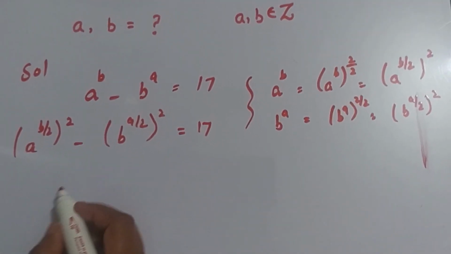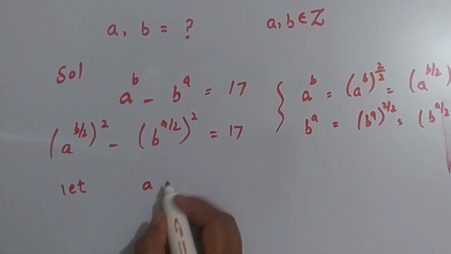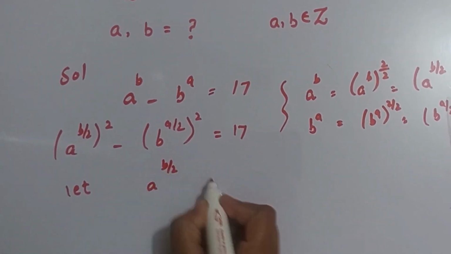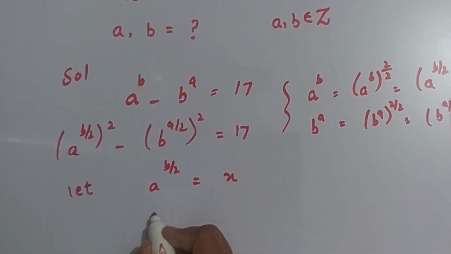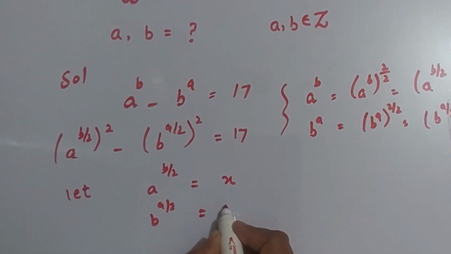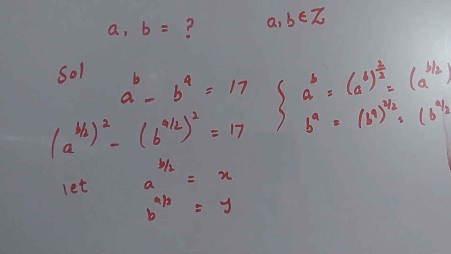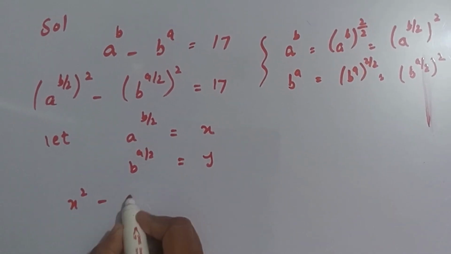Now in the next step we let a raised to the power b over 2 be equal to x, and b raised to the power a over 2 be equal to y. Then the above equation will become x squared minus y squared.